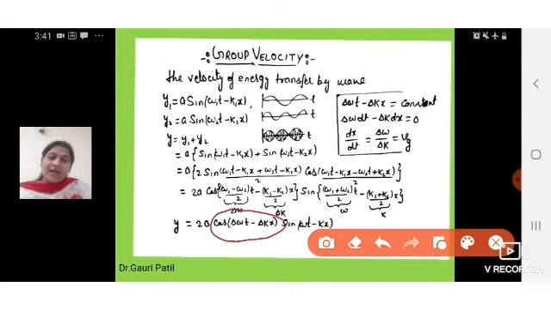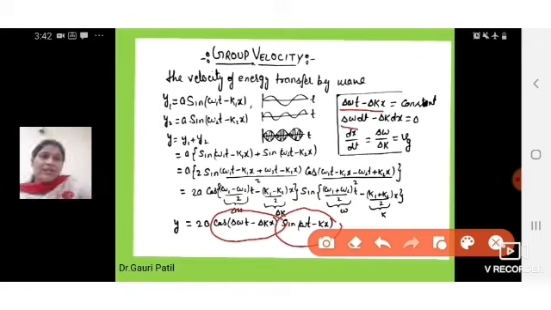When we want to calculate group velocity, we put the first bracket, the cos term, equal to constant. That is, delta omega t minus kx is equal to constant, and then we differentiate.